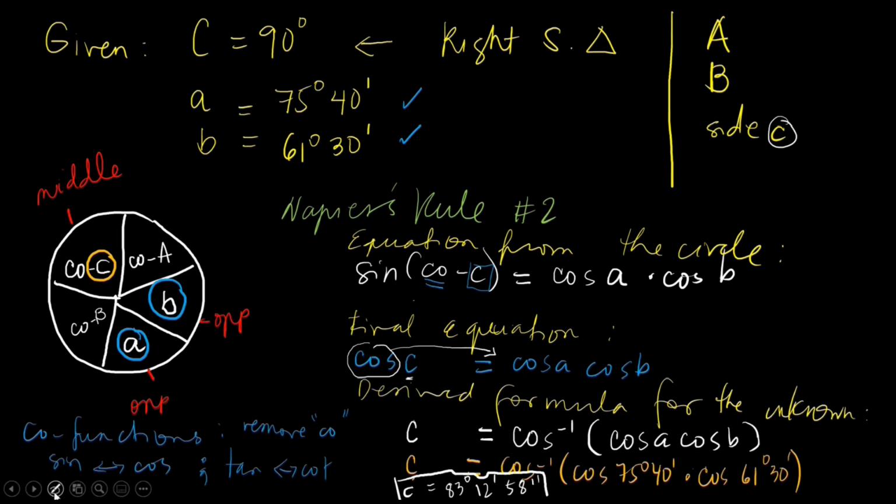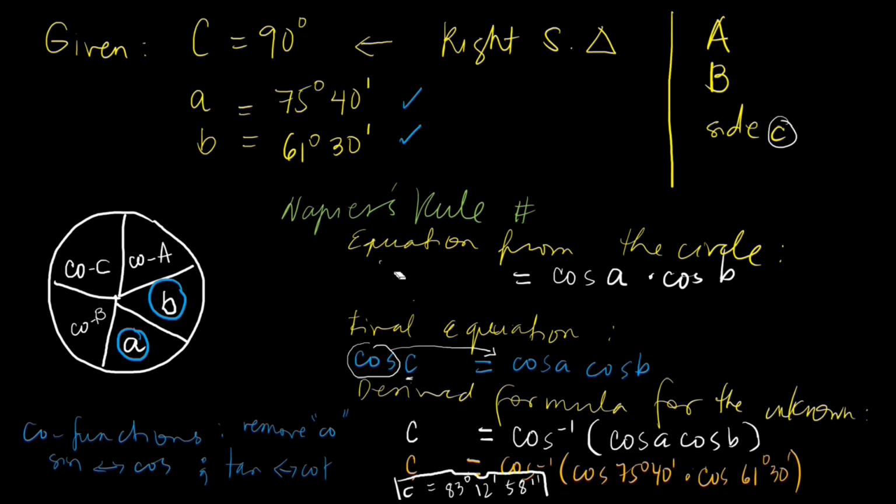So I will be clearing the writings. We're going to use the same circle, and let's see if we can make use of the same Napier's rule, but of course it will depend on the location of the parts.